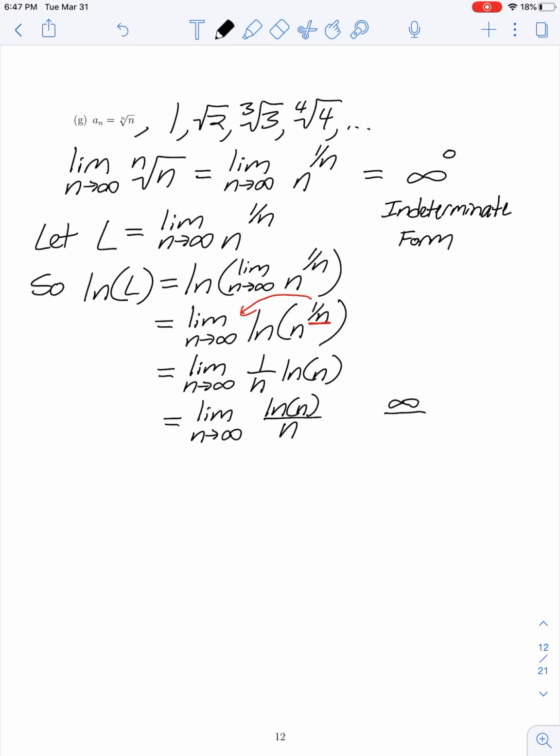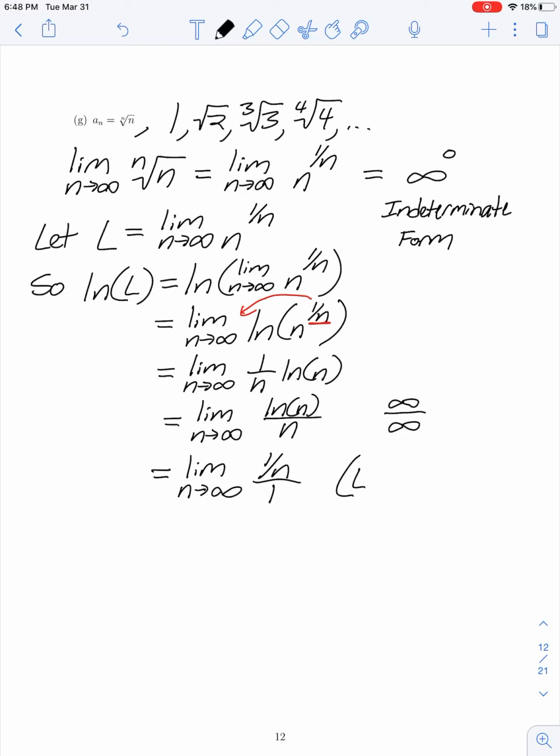Now here, if we were to take the limit of our numerator and denominator individually, the natural log of n gets infinitely large as n gets large, and our denominator n also approaches infinity. So here we have an indeterminate limit of the form infinity over infinity. At this stage, I can apply L'Hopital's rule, which says we're going to take the limit as n approaches infinity of the quotient of the derivatives.